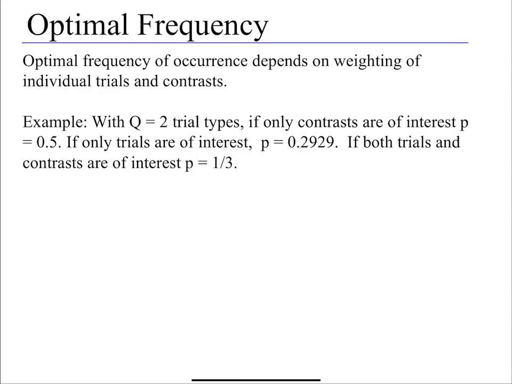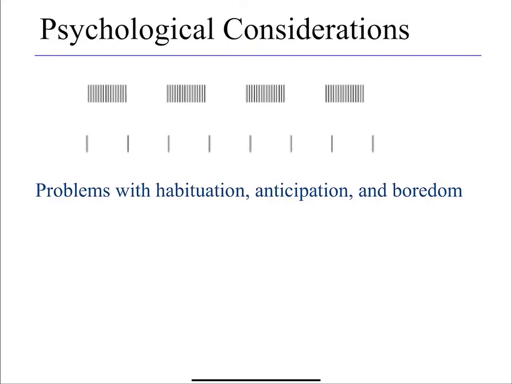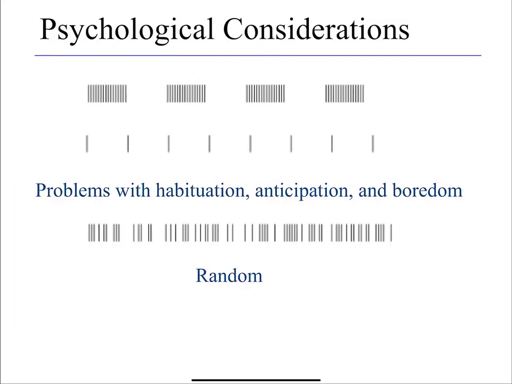So let me skip over most of this. The only other thing is that that's a statistical thing. What we also care about, as we talked about, is problems with habituation, anticipation, and boredom. And so that leads to favoring random designs over block designs. So that's another factor that you might want to consider.